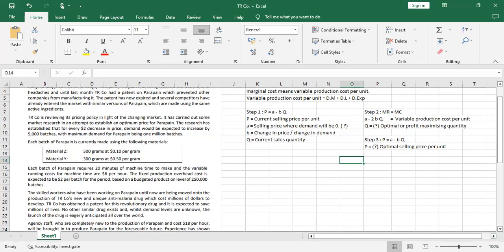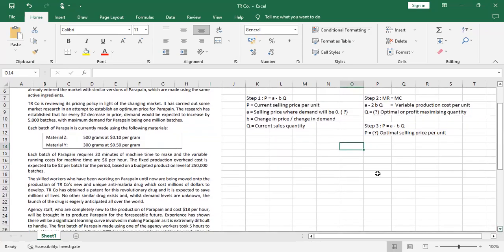Okay, now we will move further, and now we will calculate the variable production cost per unit first of all, because without calculating variable production cost per unit we cannot move, and we will also calculate the value of B. Whatever the data is provided in the question, we will calculate those values for step number 1 and step number 2.